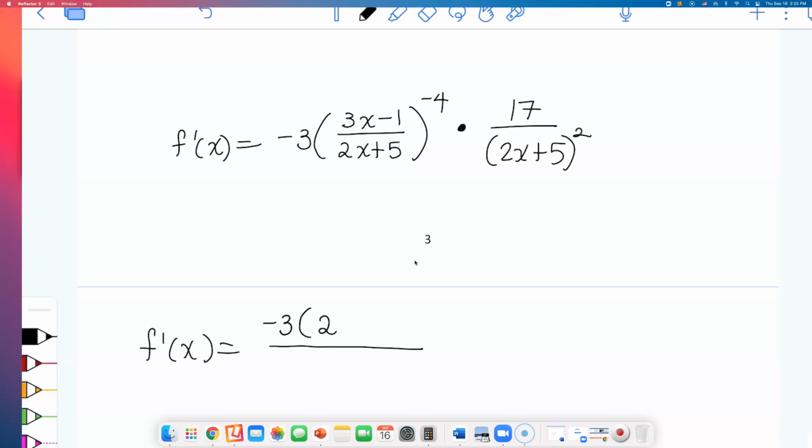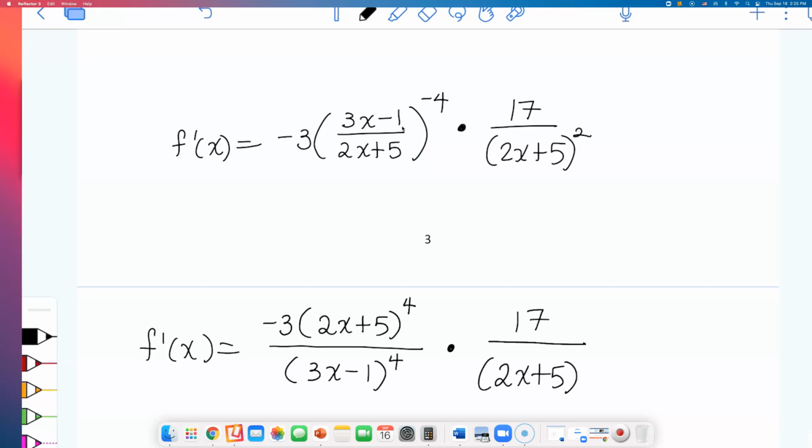But I'm going to write down 2x plus 5 on top of the fraction with the positive 4 as its exponent. It was in the bottom, but I brought it to the top because it was getting raised to the negative 4th power. Now the 3x minus 1 was on top, but I'm going to send it to the bottom with a positive exponent of 4. And I'm going to multiply this with 17 over 2x plus 5 squared.